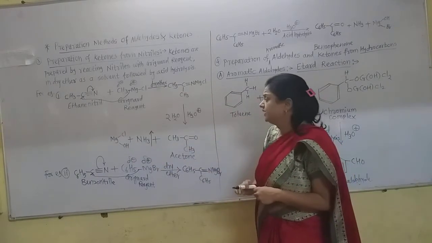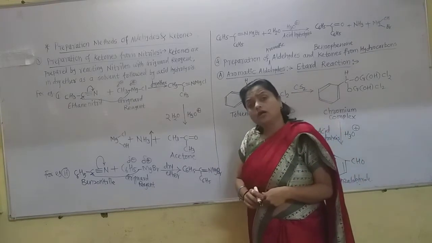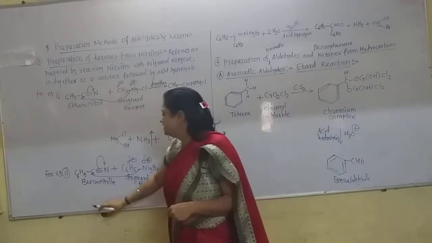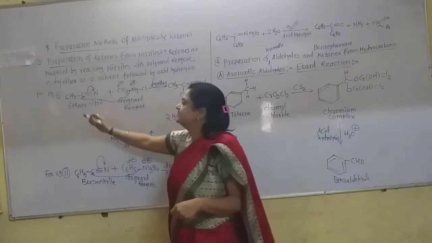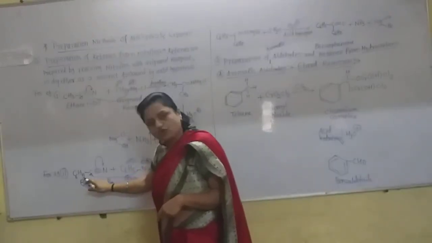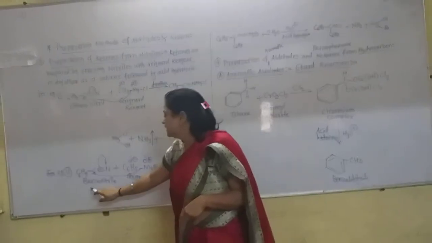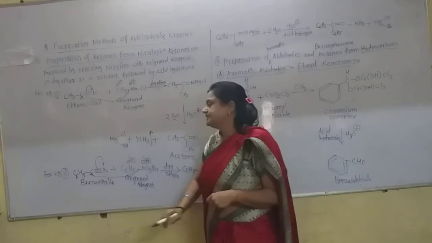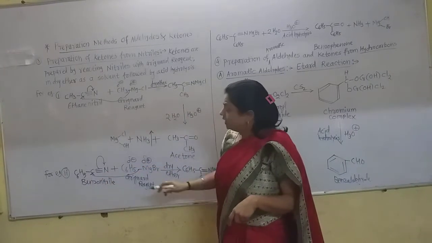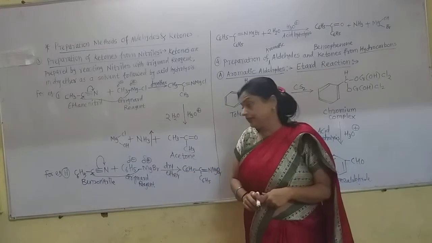As we prepared here acetone, that is an aliphatic ketone, we can prepare aromatic ketones also. For aromatic ketone, take benzonitrile. Only the CH3 is replaced by the benzene ring, called the phenyl ring, C6H5. The name of this compound is benzonitrile, C6H5C triple bond N. Now the Grignard reagent used is also an aromatic Grignard reagent.